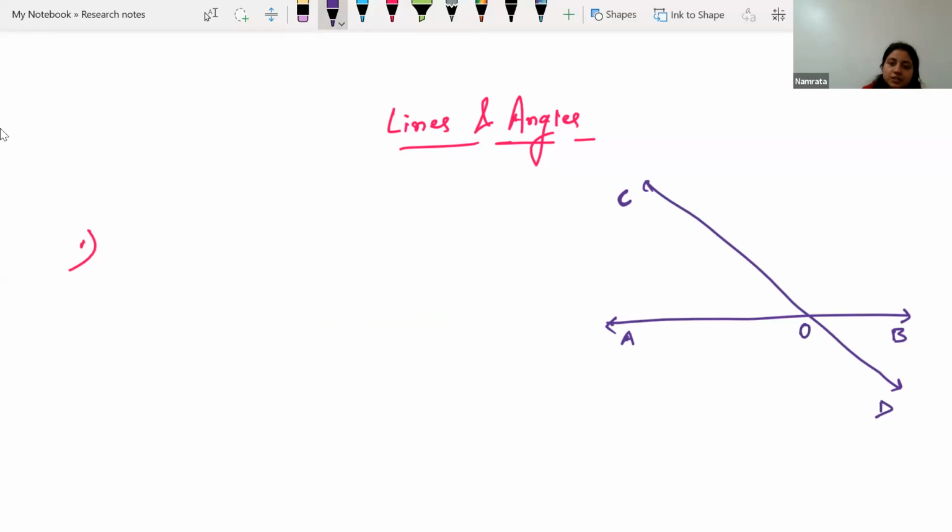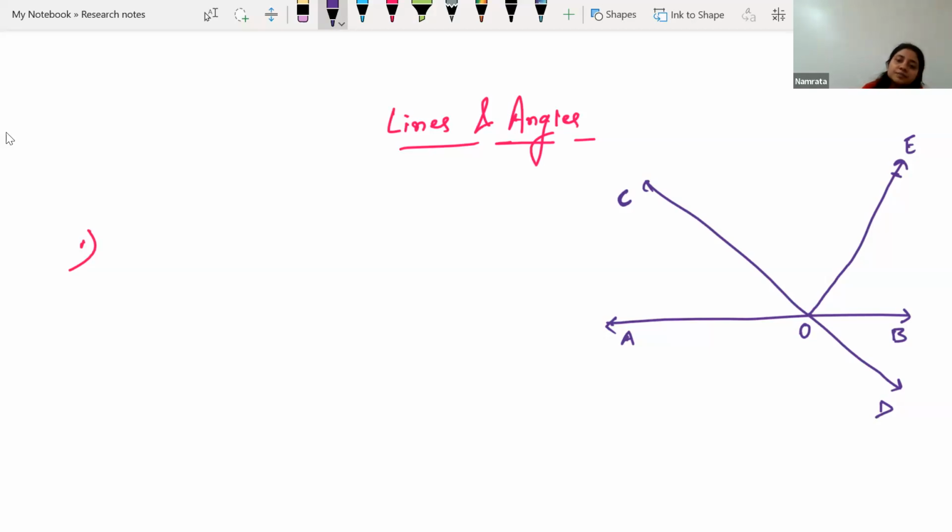And here the point of intersection is O, and here we are having a ray OE. Now the question says line AB and CD intersect at O. We can see in the figure itself that line AB and CD are intersecting each other at a point O.